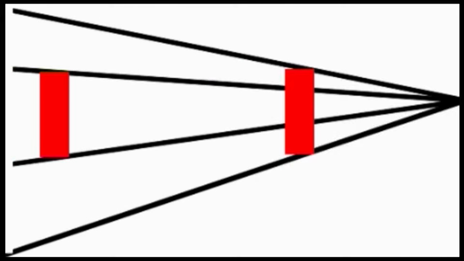Now in reality, we have seen that these two bars are of the same size. If you replay it, this is what you saw, both bars are of the same size, but the moment you add the perspective here, you realize that they are not the same.